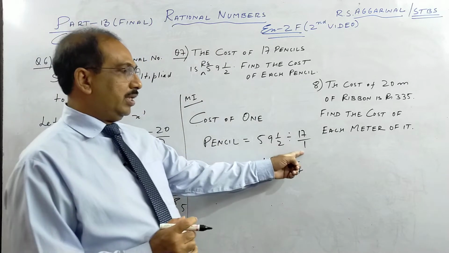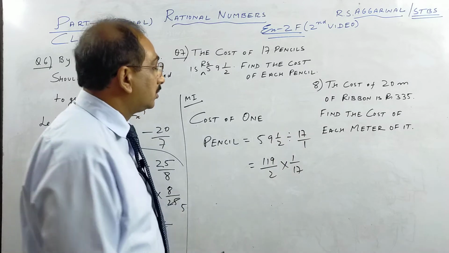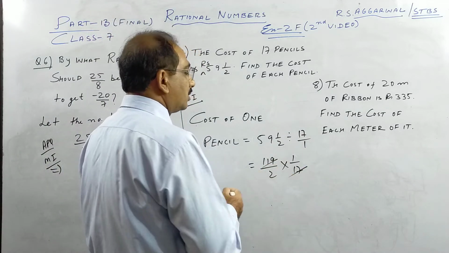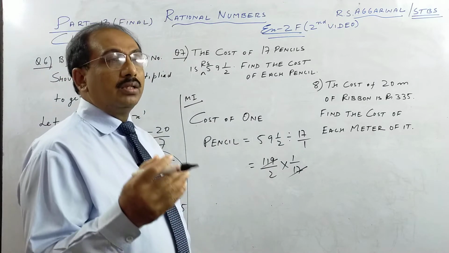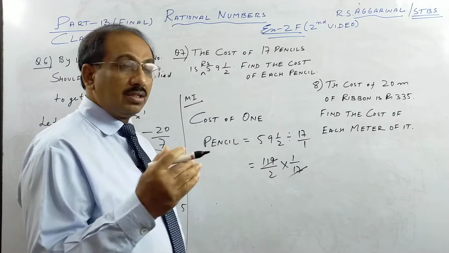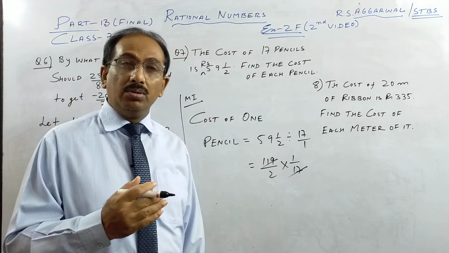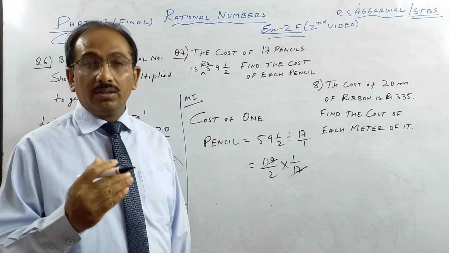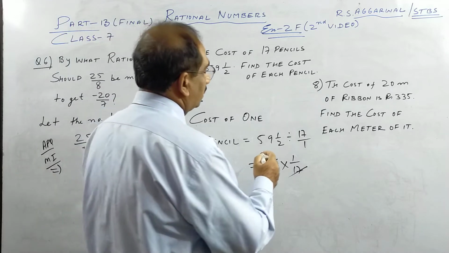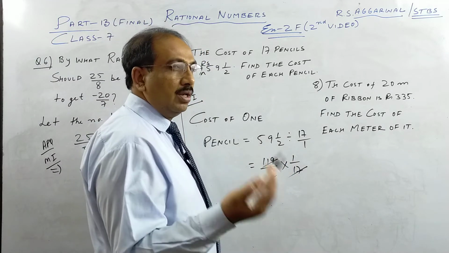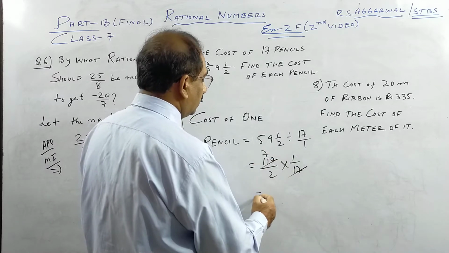I've already taught you, the denominator, let us take it to be 1 because nothing is there, goes up and the numerator comes down. So 17 table, if you see, once again I am reiterating that you please learn tables up to 20, then only you will be able to do these questions properly. 17 5s are 85, 6s are 102, 7s are 119.